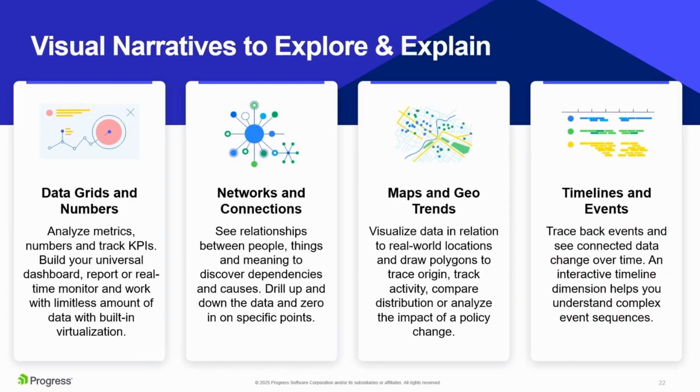John also showed yesterday the shortest path algorithm being shown. That was using the FastTrack graph user interface along with the MarkLogic 12 shortest path algorithm, as well as maps and geographical trends capabilities, being able to look at the map, look at the network connections on the graph is another interesting capability in there, and as well as being able to see things in time and how they relate to different things on that graph.